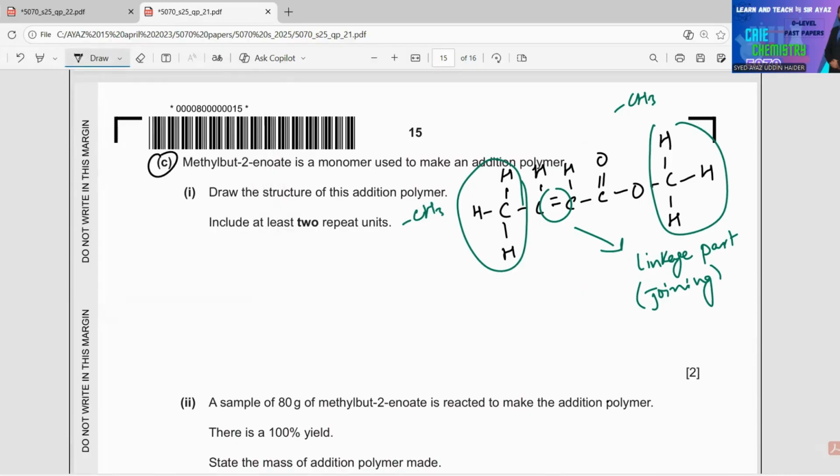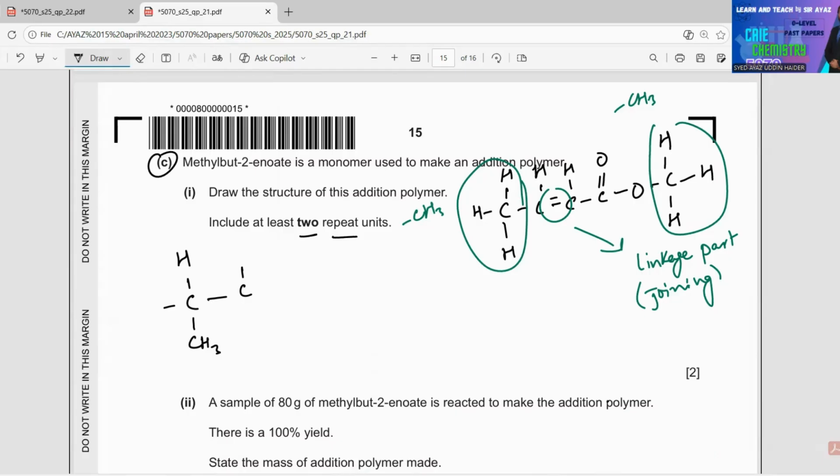Okay, now they are saying 2 repeat units. I am starting the first one. So we are having a CH bond, and then we are having CH3 attached to this, and this is attached with a double bond to the carbon atom. This carbon atom must be having the enoate part.